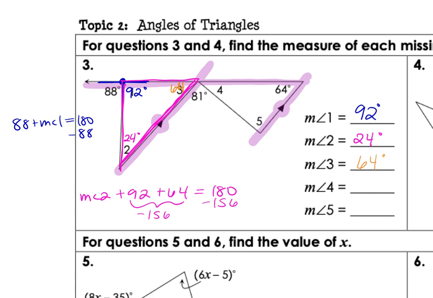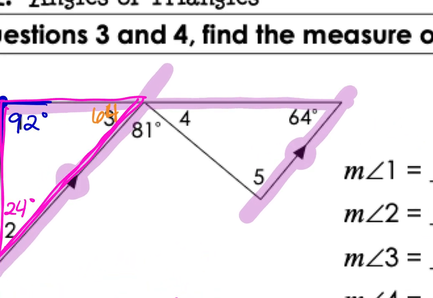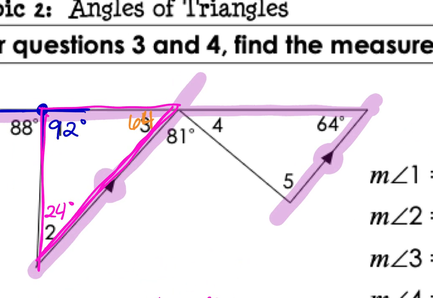How would you find angle 4? There aren't corresponding angles with angle 4. You could do SSIA, kind of. Add 64, 81, and subtract that by 180. Yeah, so these 3, right, make a straight line.